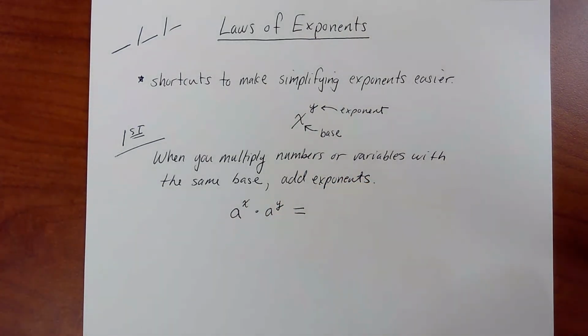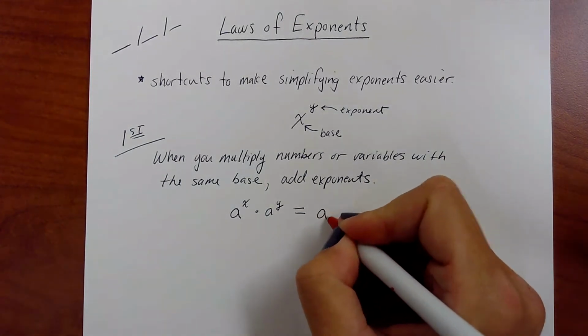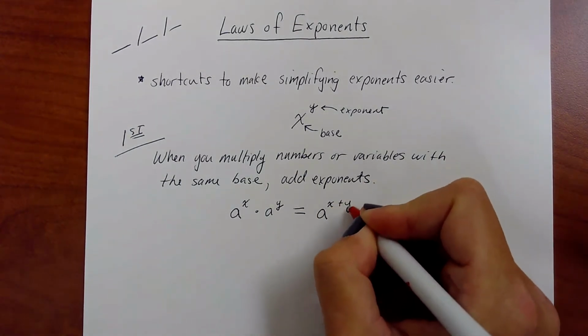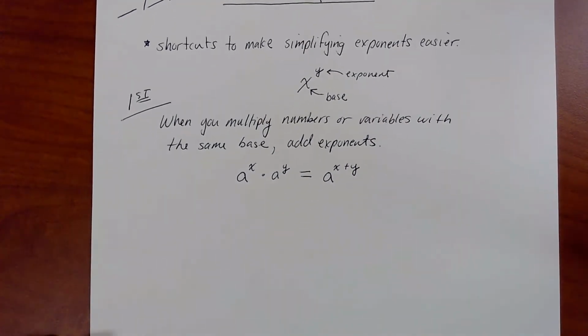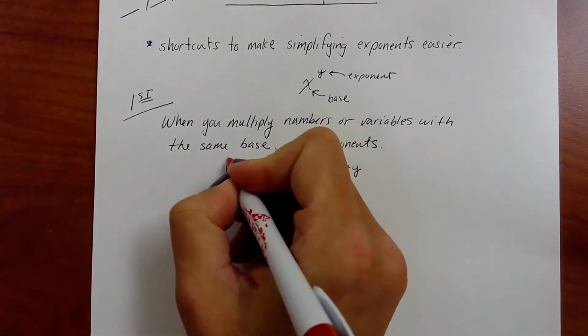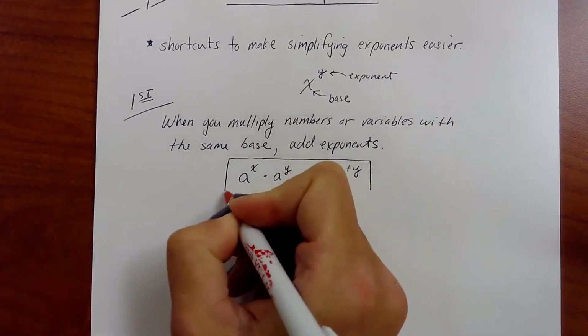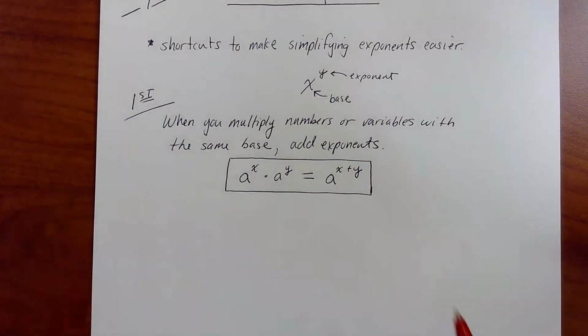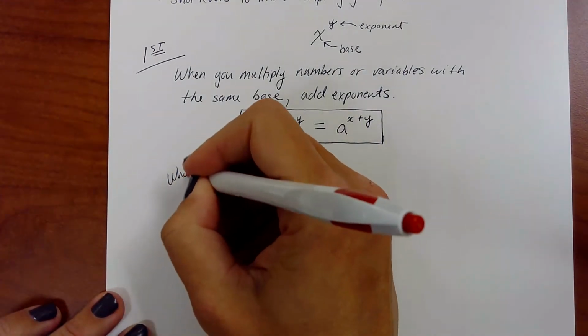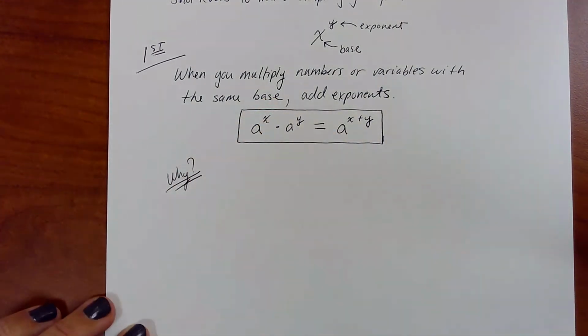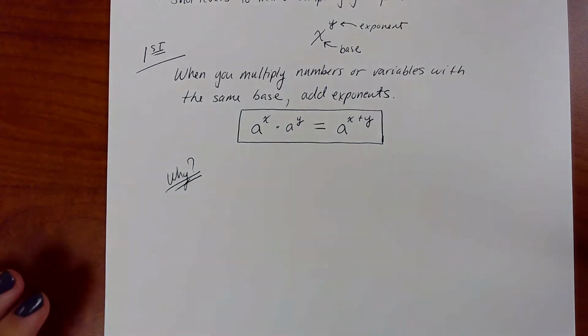A shortcut for solving that would be a to the x plus y power. Okay, let's box that. That's the first law. Let's look at why this is true. I think you'll understand it once you see it out.